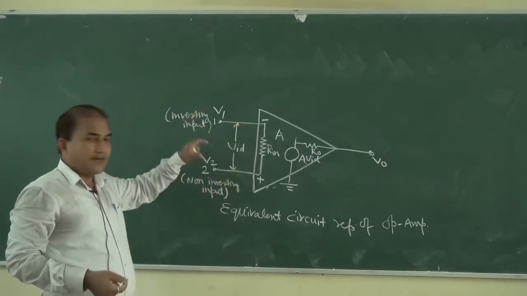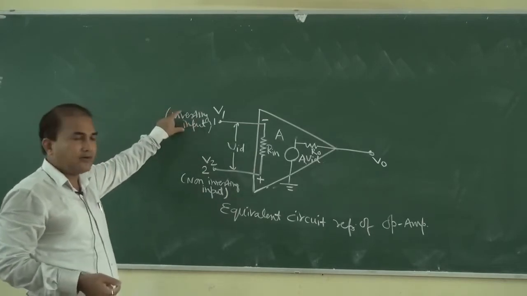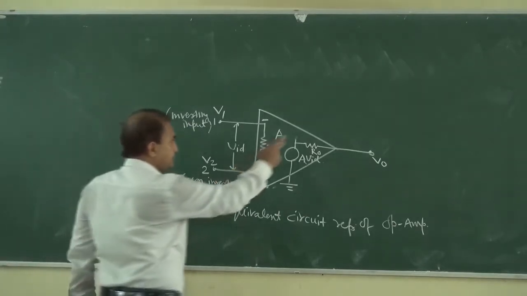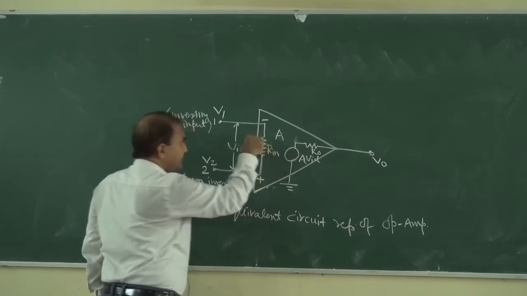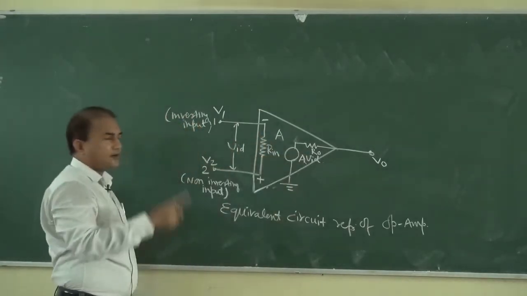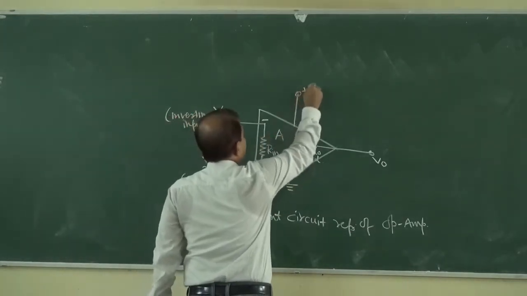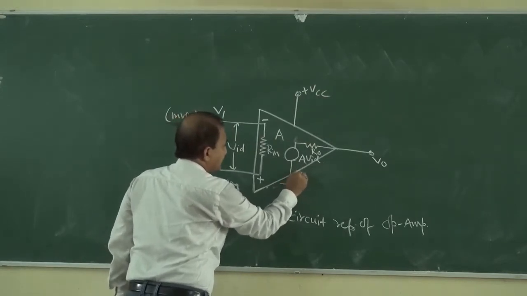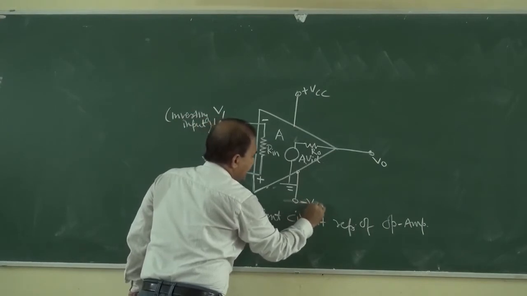An operational amplifier has two inputs. One is the inverting input and the other is the non-inverting input. This is Rin, the input resistance. Similarly, RO is the output resistance of this operational amplifier, and this is plus VCC, and at this side it is minus VEE.